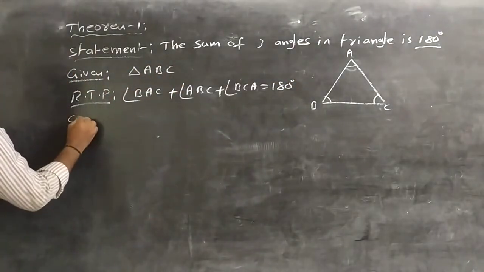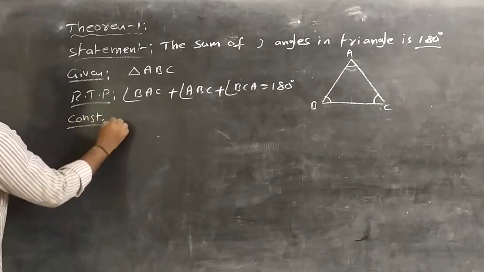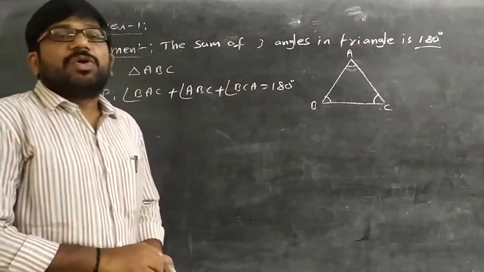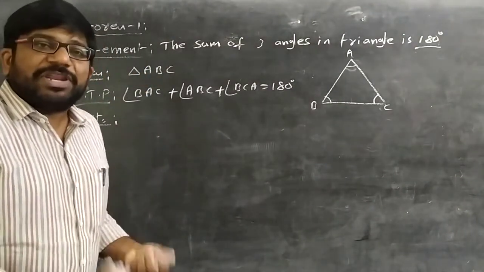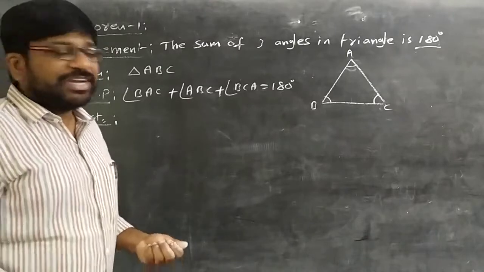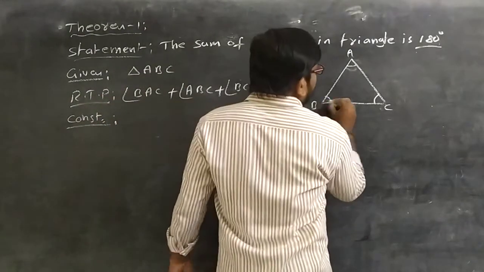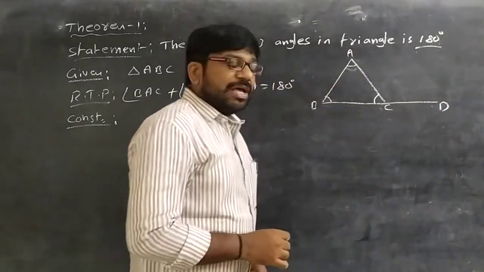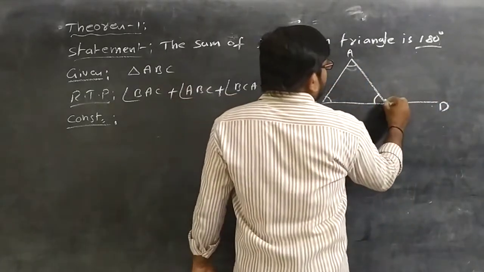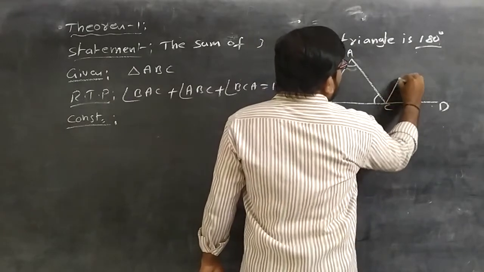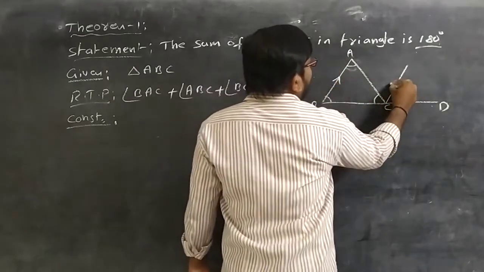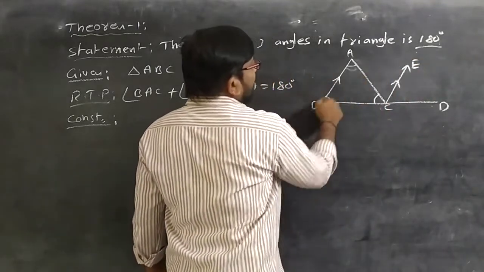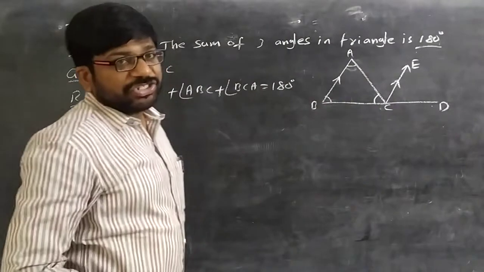Next, construction. Before proving that the sum of angles of a triangle is 180, we have some construction. For our convenience, we have to draw a construction, right?